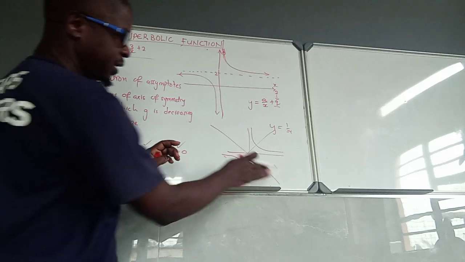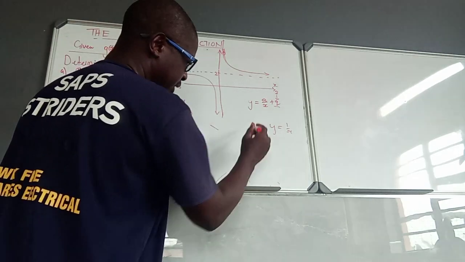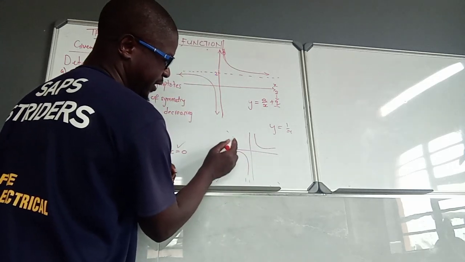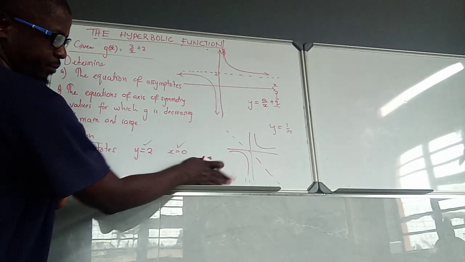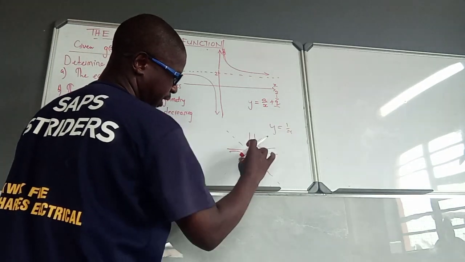These two lines split the graph into two equal halves. Let me start with this line here. You can see it splits this graph into two equal halves, this one and this one.